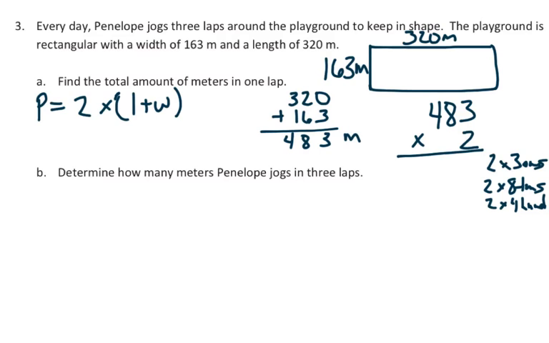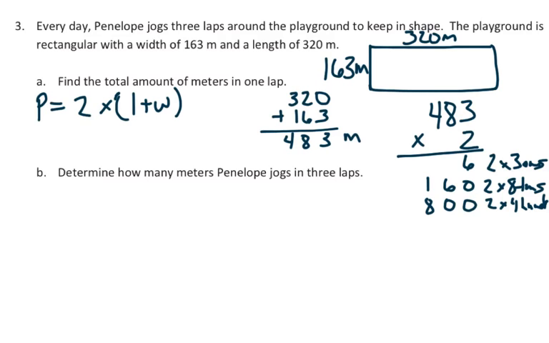And 2 times 4 hundreds, which would be 8 hundreds. When I add those together, I have 966. So the total amount of meters in one lap would be 966 meters.